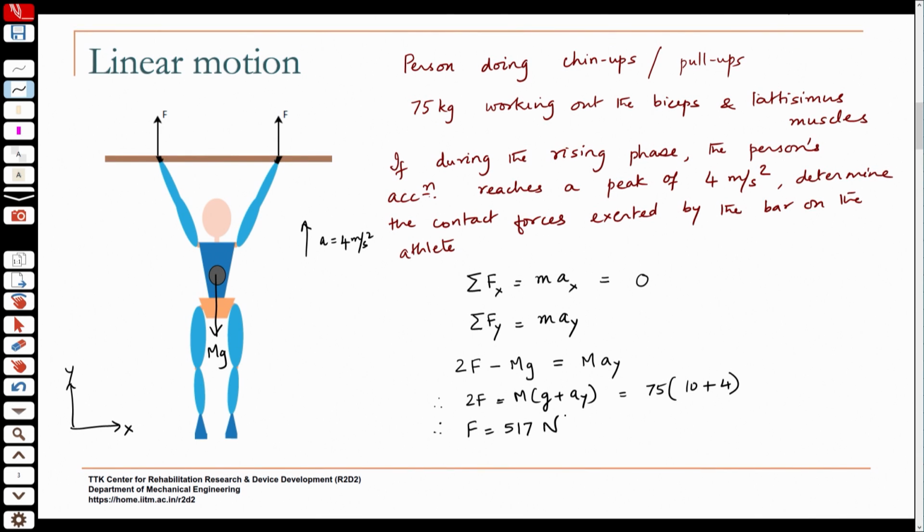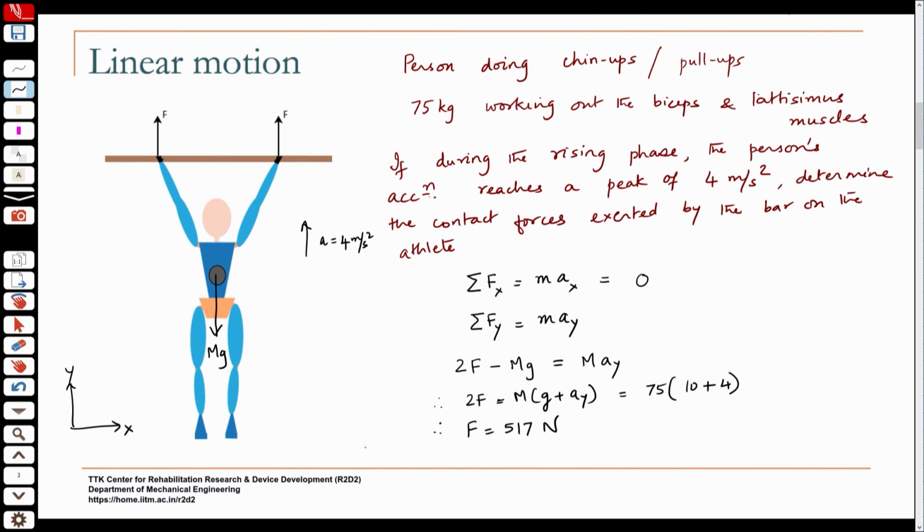In the static case, what is F equal to? If the person is just hanging from the bar, what is F equal to? 368 newtons. Okay.